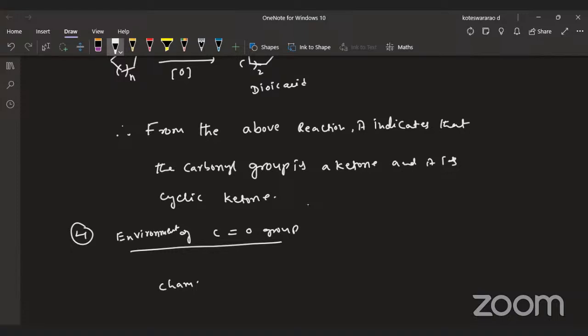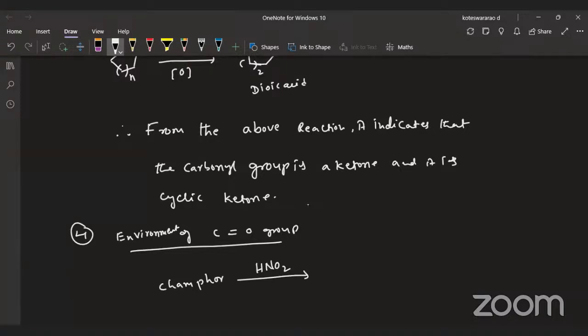Now here the camphor is treated with HNO2, nitrous acid. In the previous case, the reaction was conducted with nitric acid, but in this case, we are using nitrous acid.